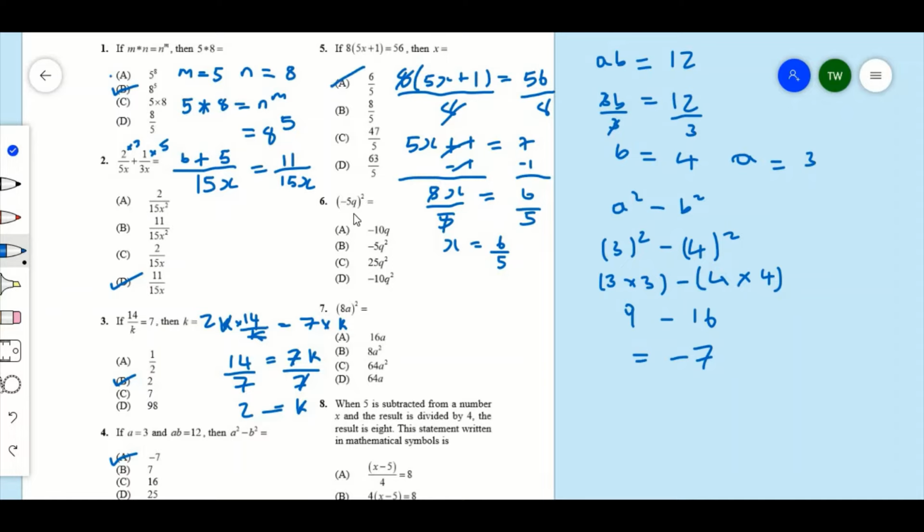Now, number 6, we have negative 5q all squared equal to. So negative 5q all squared means negative 5q times negative 5q.